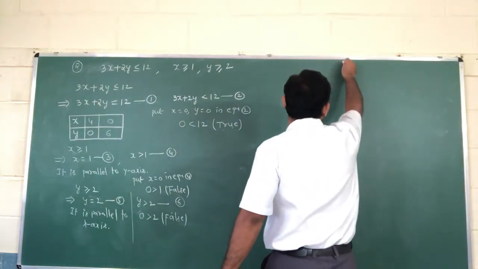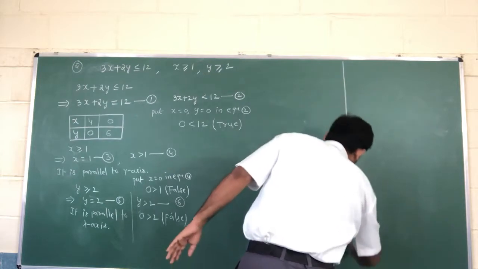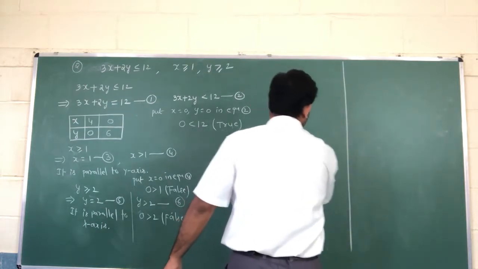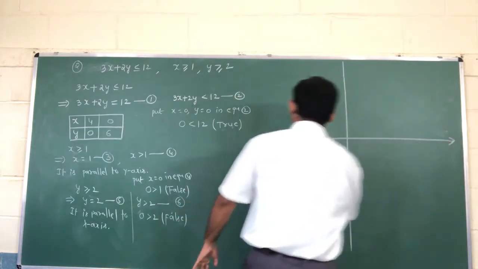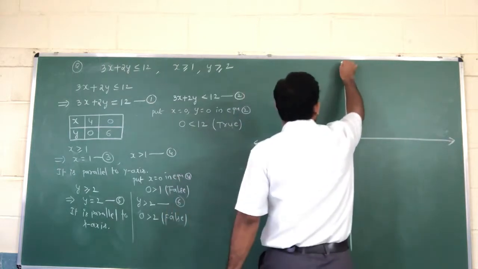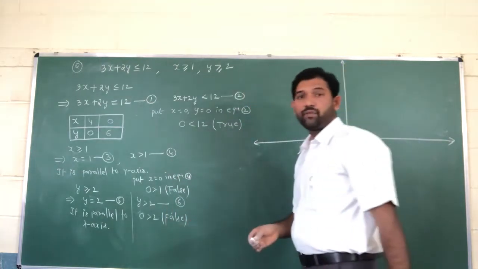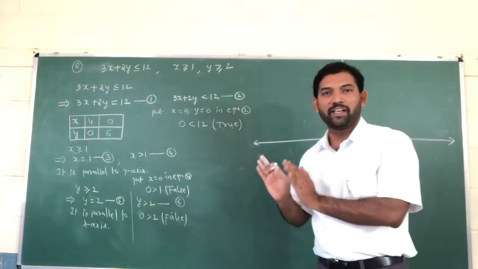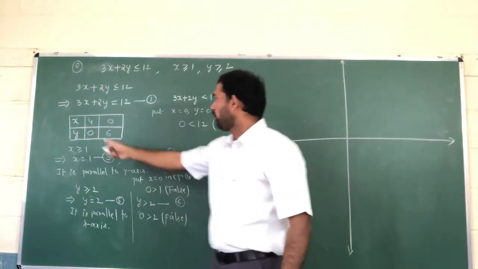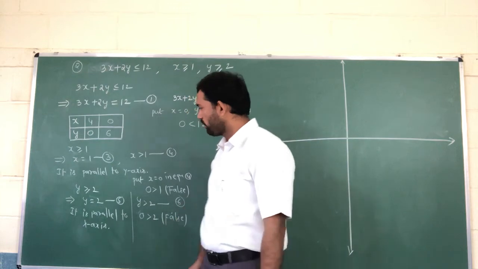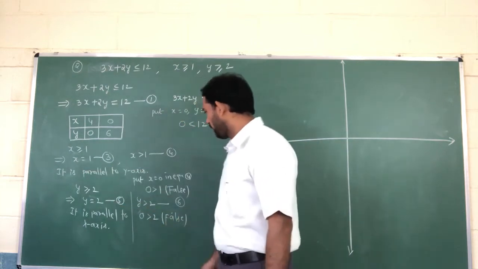So graph, see this one. Before starting the graph, you should look at all the x values and y values. Here x value 4 is there, here x value 1 is there.